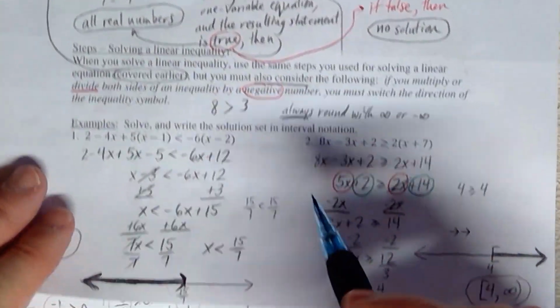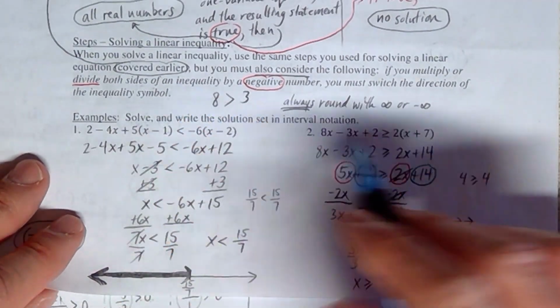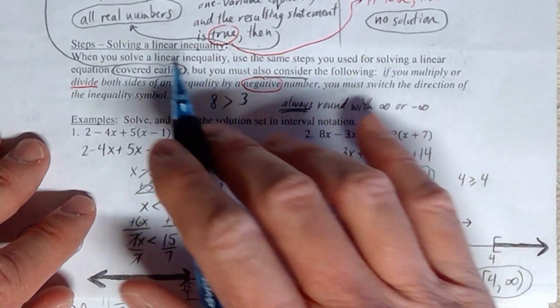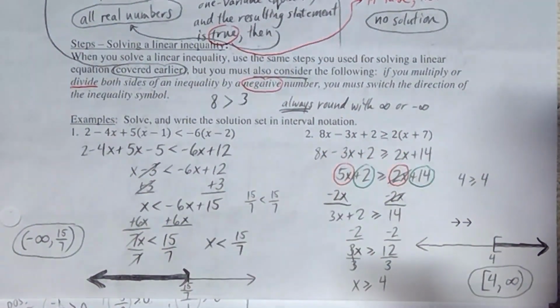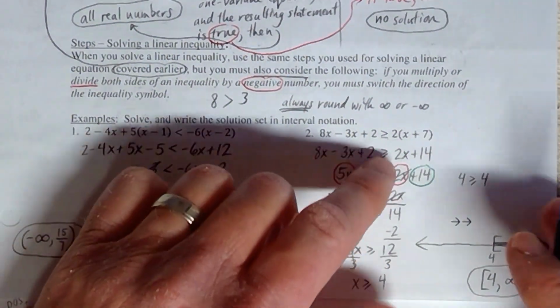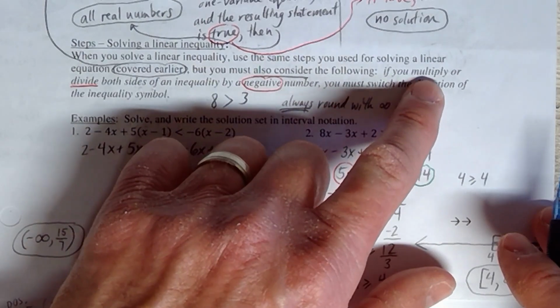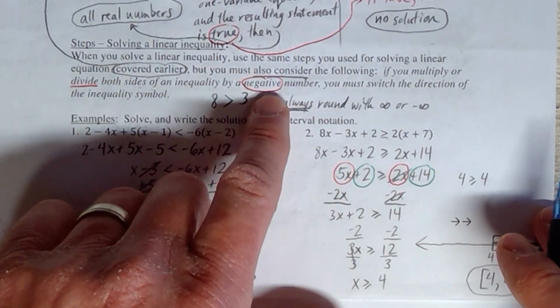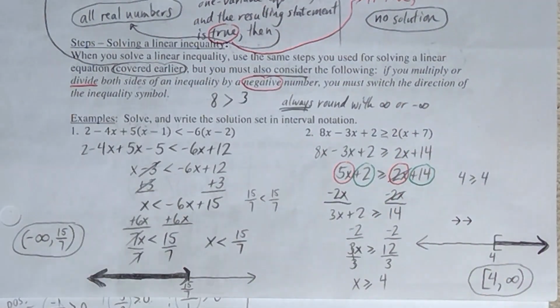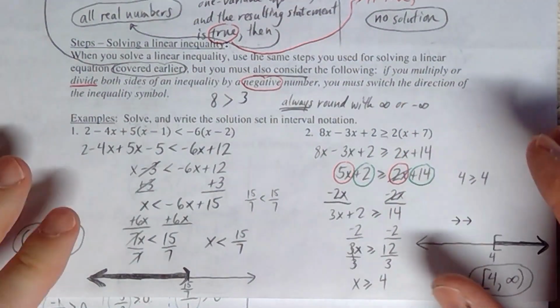Looking back at the prerequisite review packet, it mentions when we first learned about linear inequalities, and this applies to all inequalities, that if you multiply or divide both sides of an inequality by a negative number, you must flip the direction of the inequality symbol.